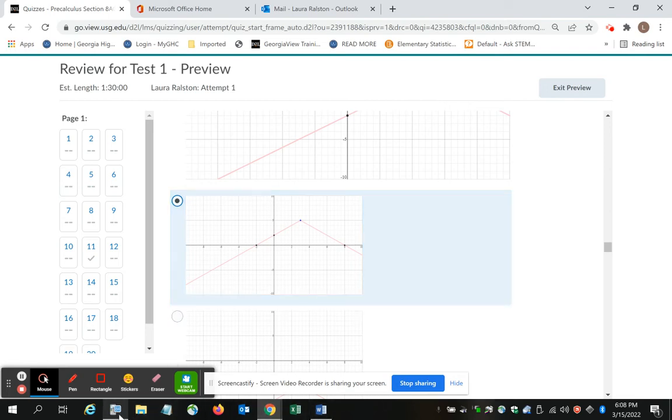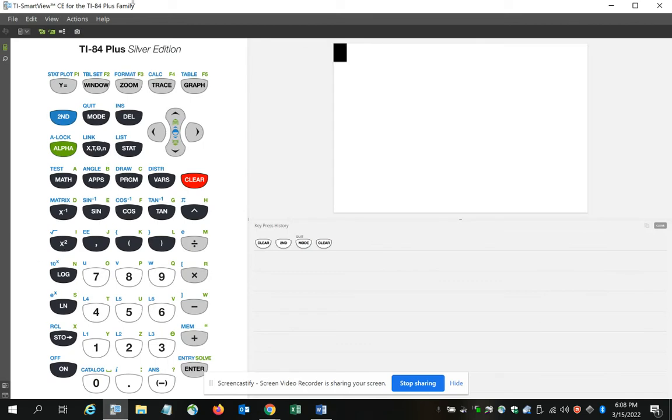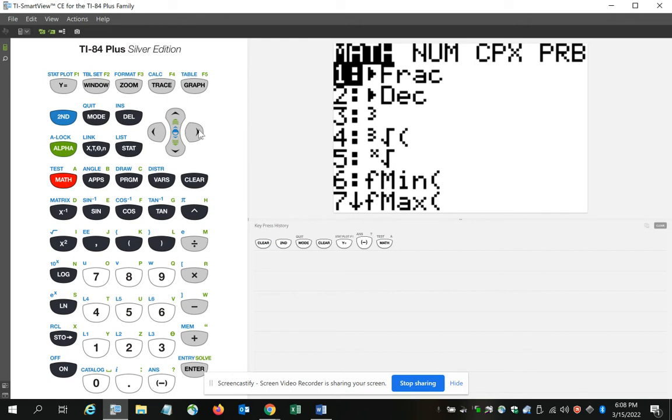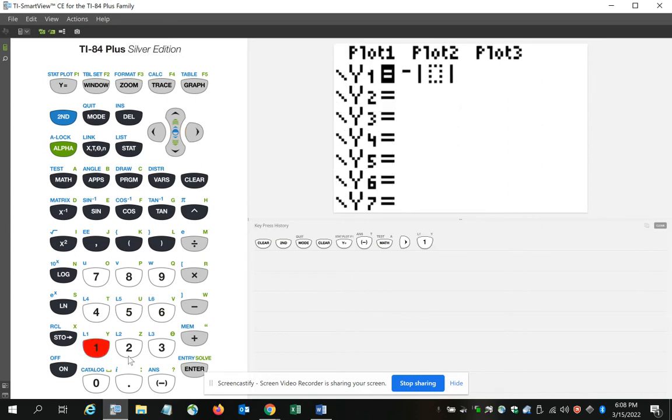Now, again, you could put that in your graphing calculator, assuming you know how. So I'm going to walk you through that. You can do y equals negative, and then we need to get our absolute value. So we press math, we arrow over to num, and option 1, ABS, stands for absolute value of x minus 3.